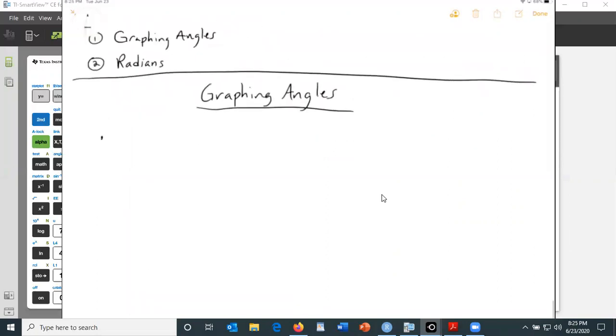All right, so what we're going to do is graph these in the XY plane. In other words, it's an X and a Y axis. Now, the way we graph an angle, remember it always has two sides and one of them just rotates, the other one is fixed.